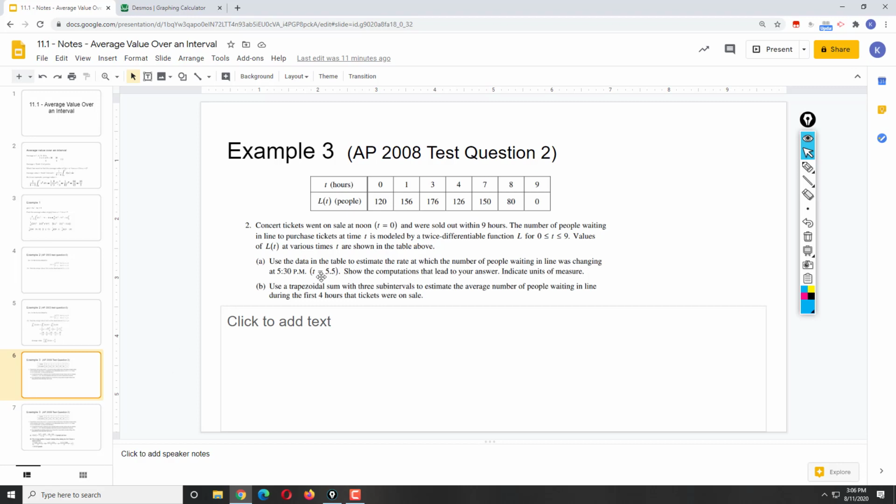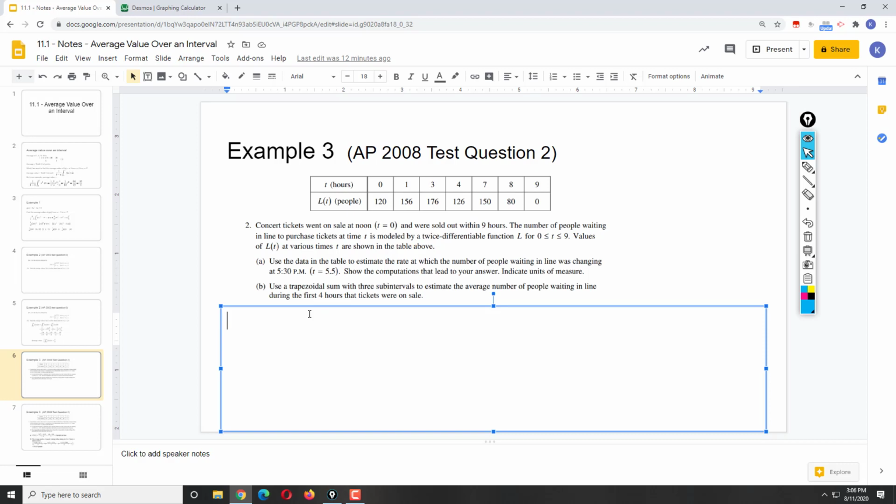A. Use the data in the table to estimate the rate at which the number of people waiting in line was changing at 5:30, which is t equals 5.5. Show the computations. Indicate units. So this is a review of average rate of change. We want t equals 5.5, which is the middle of 4 and 7.